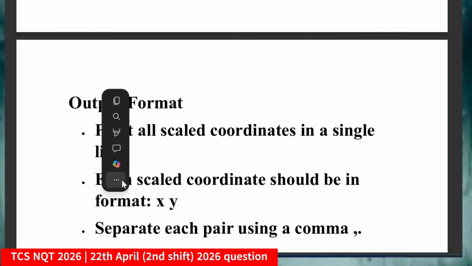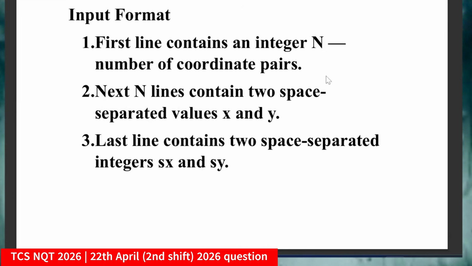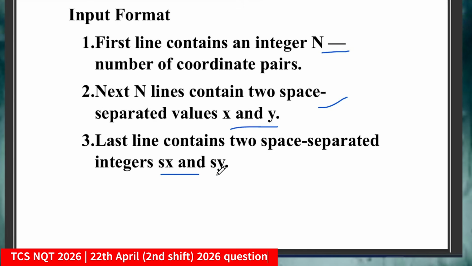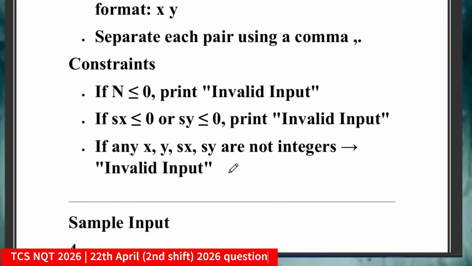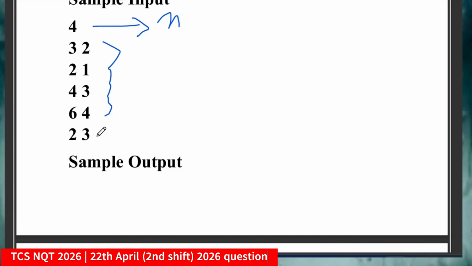They have clearly mentioned the input format, so just go through the question carefully: the first line contains the integer n, the next lines contain two space separated values of x and y, and the last line contains sx and sy. The same thing I am doing here. The first line denotes n, and then two separate values per row for a total of 4 rows, and then sx and sy.